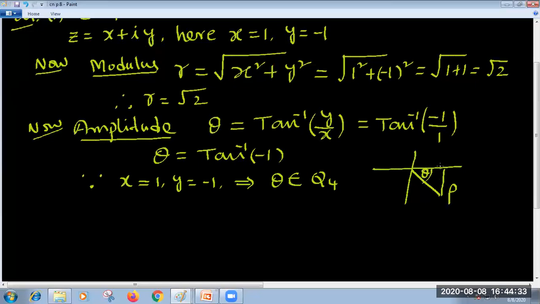The angle in the fourth quadrant is 0 to -90 degrees. So here the angle will be theta is equal to minus pi by 4, minus 45 degrees. This is the amplitude of the given complex number.